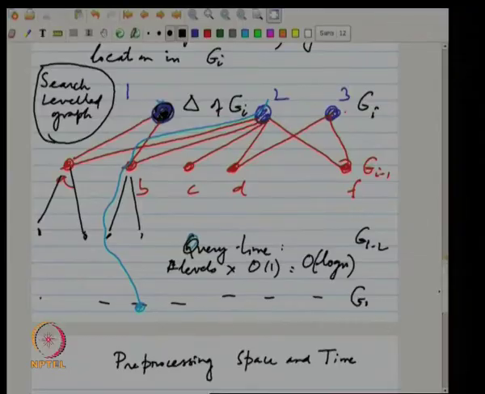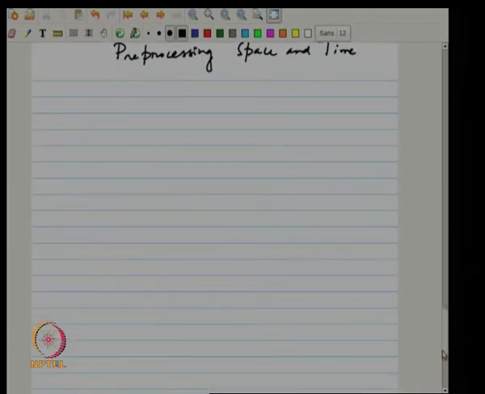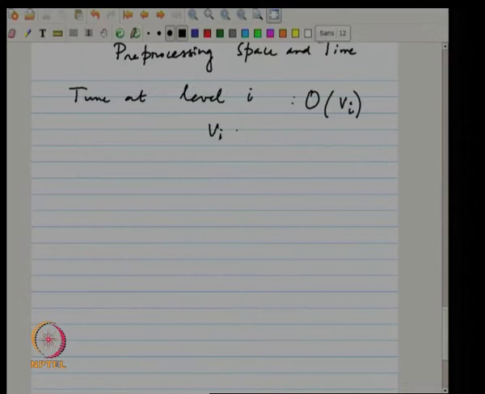So constructing this search graph as we go on eliminating the vertices will also take us time proportional to the number of vertices in that particular level, right. So, time at level i is basically order of Vi, where Vi is the number of vertices in level i. Because they are planar graphs, the number of edges is proportional to the number of vertices and so on and so forth.